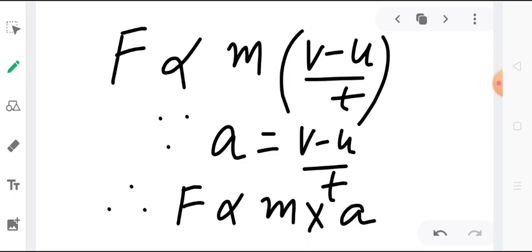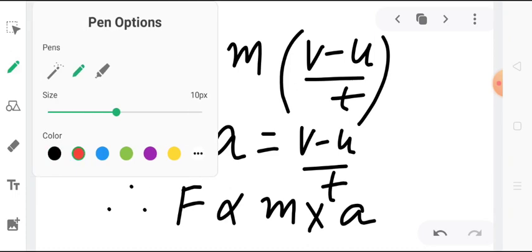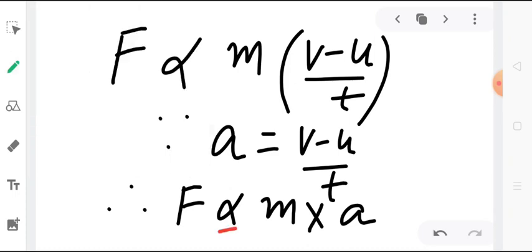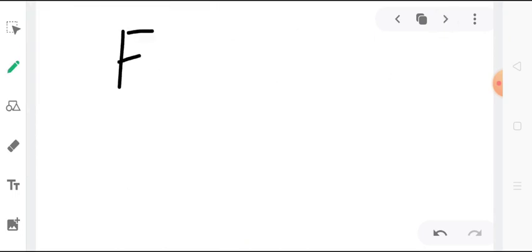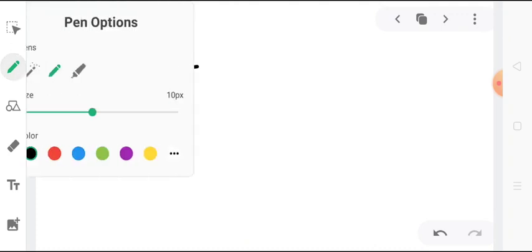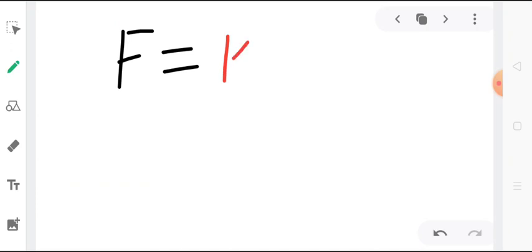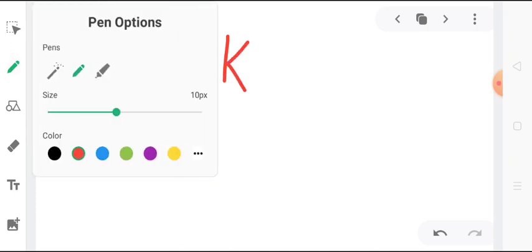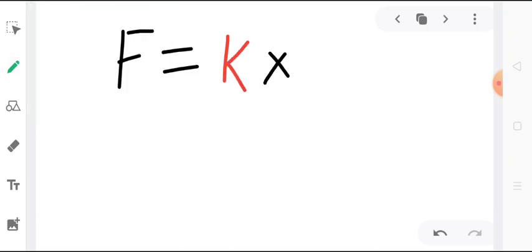Now, you should know that whenever we want to replace this proportionality sign with an equal to sign, we have to introduce a constant. So we replace the proportionality sign with an equal to sign with a constant k times m into a.